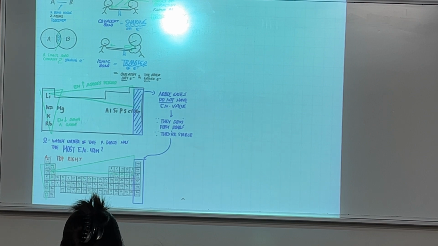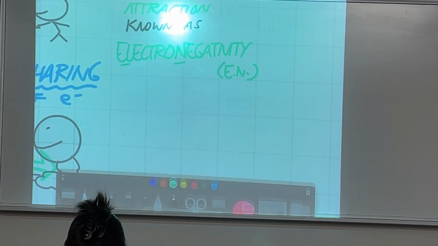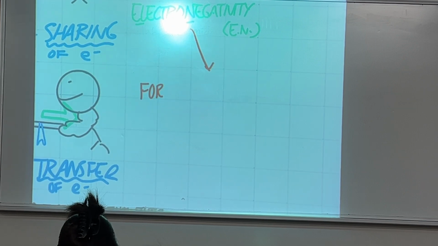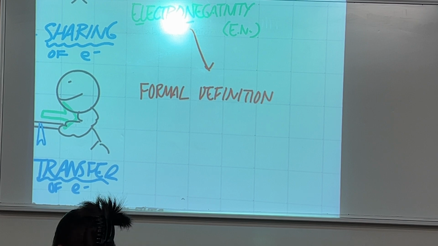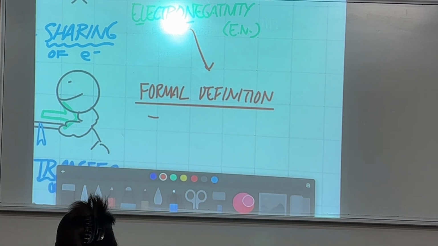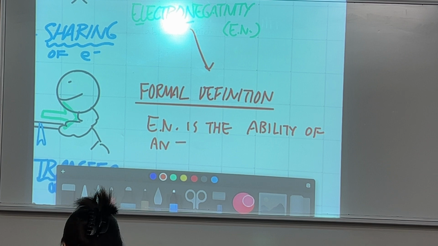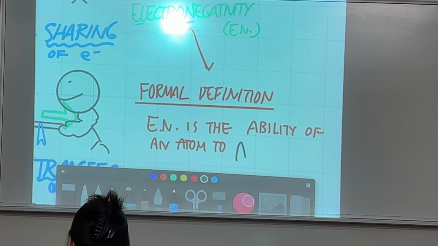But then you may be asking, so what exactly is electronegativity? We now need to know the formal definition. Electronegativity is the ability of an atom to attract electron in a bond.